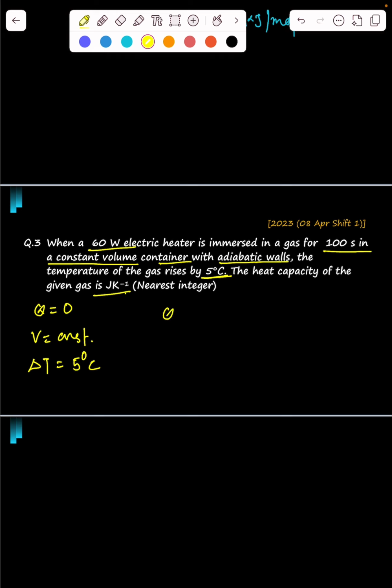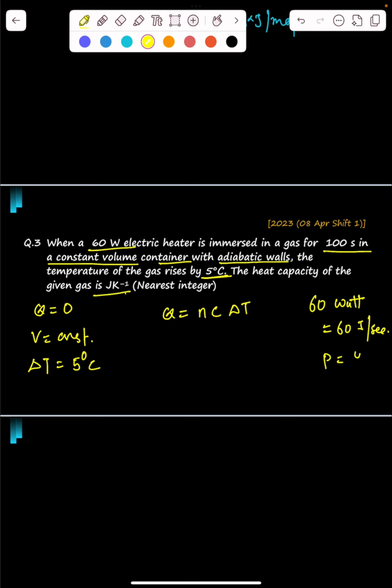So we know that Q is equal to NC delta T, that formula we know. So watt means what? 60 watt means 60 joules per second, पावर की यूनिट होती है, राइट? तो हीट कितनी हो जाएगी?